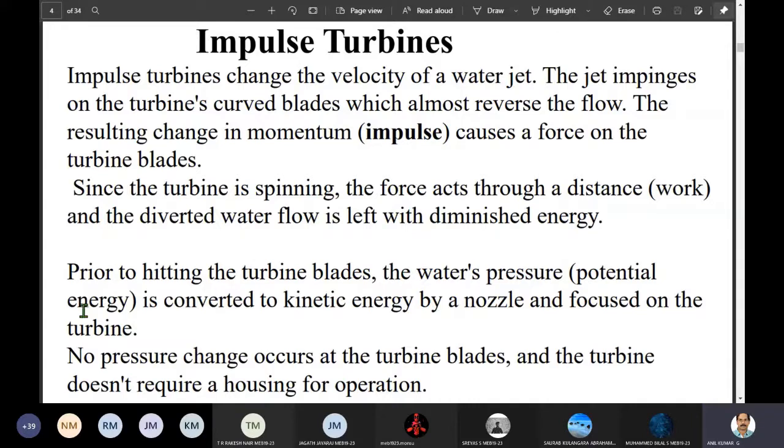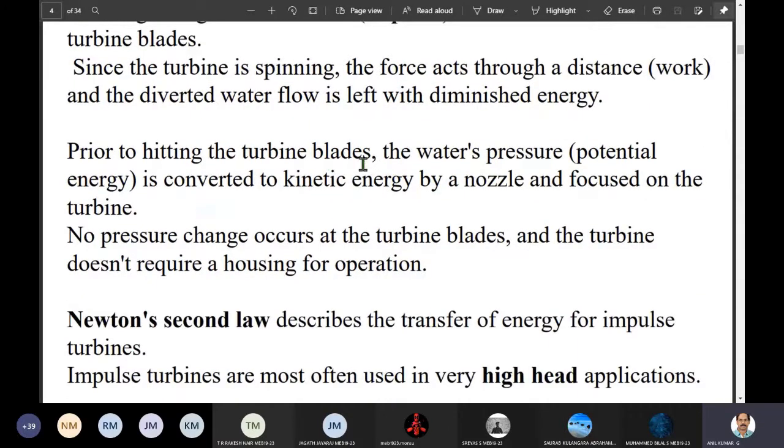And prior to hitting the turbine blades, consider the water pressure and the entire energy associated with it. Ultimately the water is stored in dams, in high head reservoirs, where it possesses enormous potential energy. Then it comes through the penstock, larger pipes, to the powerhouse where the turbines are installed, and there the potential energy is converted to kinetic energy and pressure energy inside the pipeline.